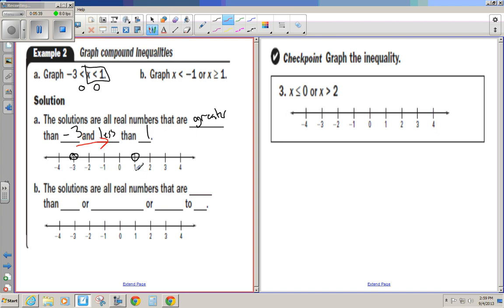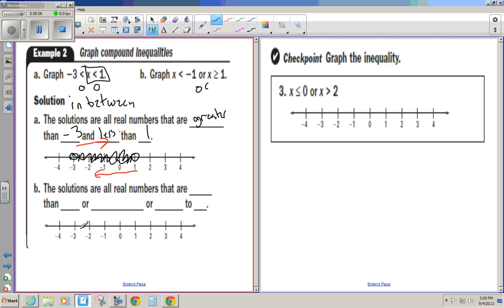We're less than 1, so we're everything in that direction. That means what they have in common is in between here. You only do the in between. This is an or statement, so it means it's either or. There's no commonality. There's nothing that it has in common.